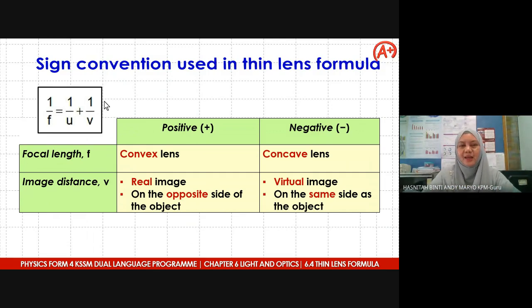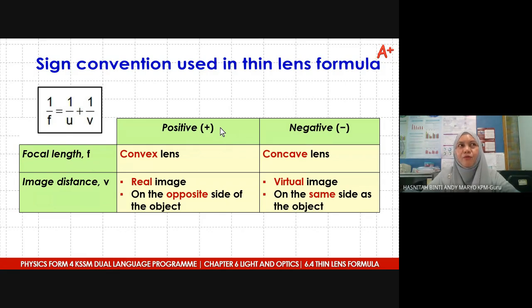Students, number 2, these are the rules for using the lens formula. For 2A, please write there positive. A is positive. And for B, you write there negative. In your book, you have U, V, and F in table number 2.